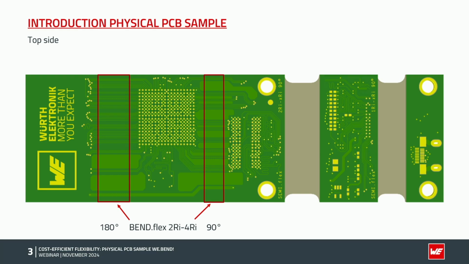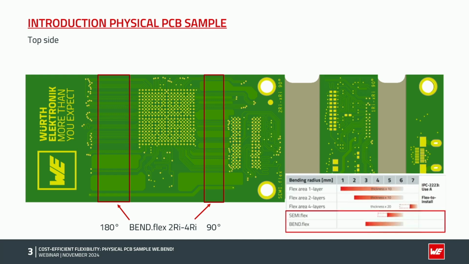Maybe you know from SEMI.flex that the bending radius is a bit higher. You can see here our table about it, and you see BEND.flex can be bent with 3 mm for the double layered flex areas. If we have only 1 layer in the flex area, the BEND.flex can also be bent with 2 mm.